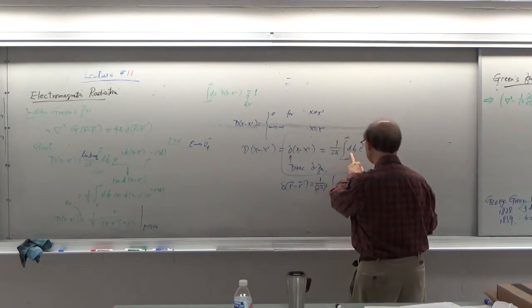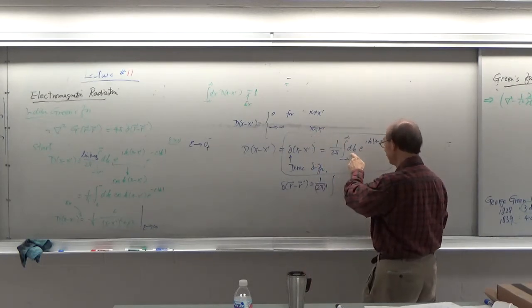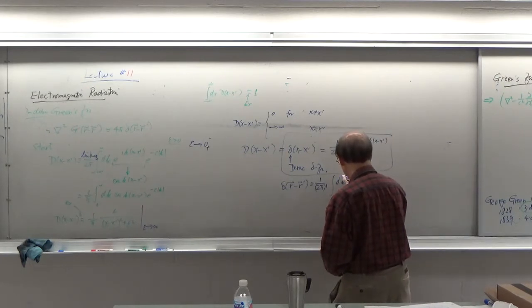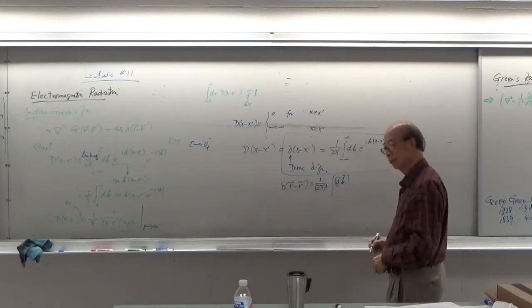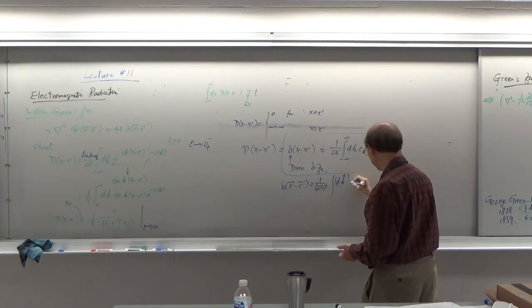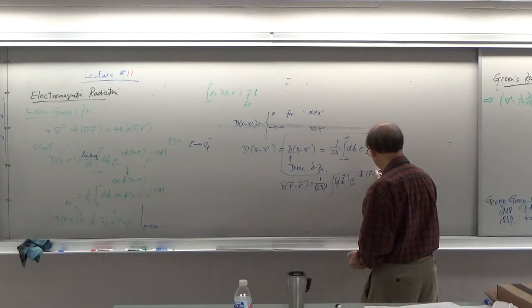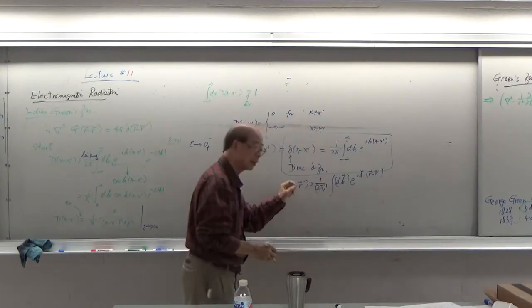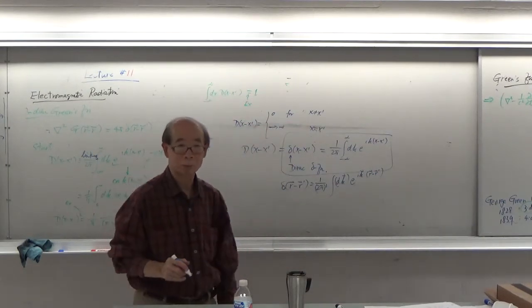And the integration goes over dkx, dky, dkz, so let me just use dk vector notation. And then the exponential function combines very simply to e to the i k dot (r minus r prime). So this is an integral form of the 3-dimensional Dirac delta function.